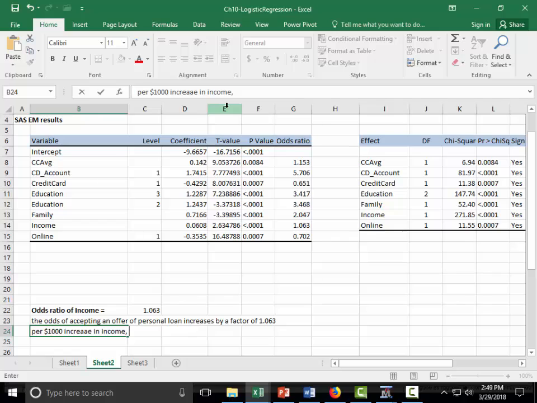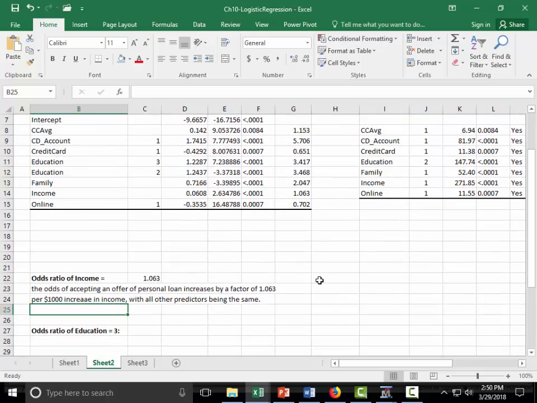So with all other predictors remaining the same, if the income goes up by $1,000, then the odds will increase by a factor of 1.063.